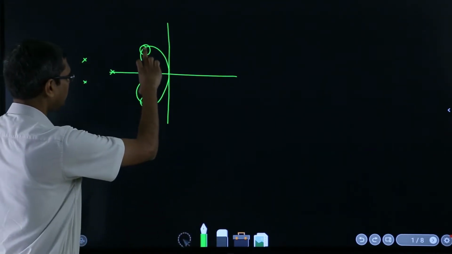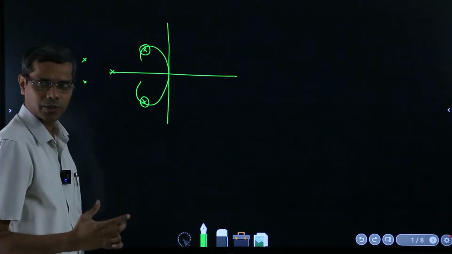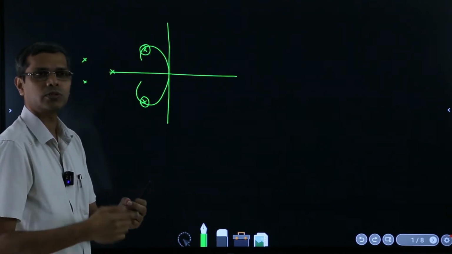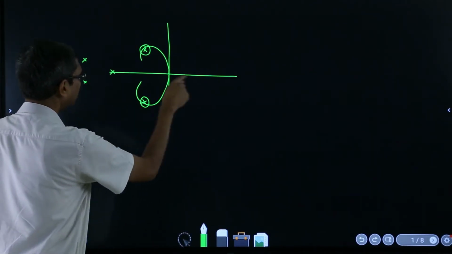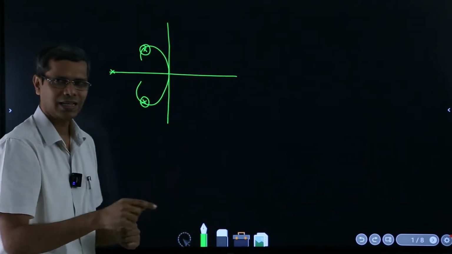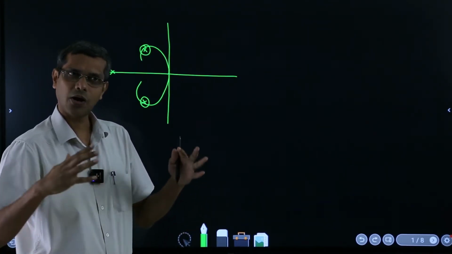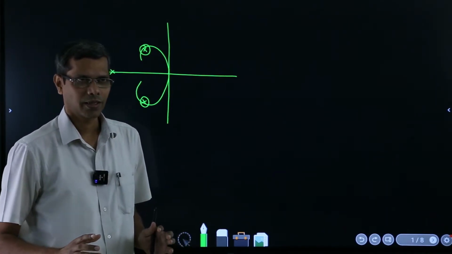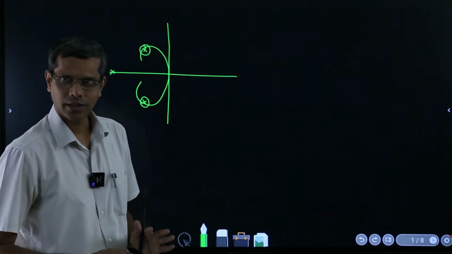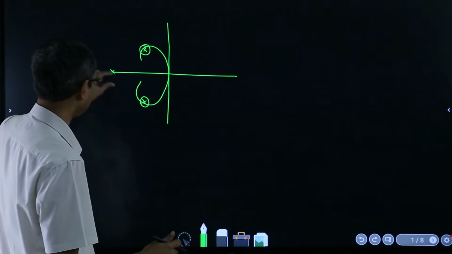Any pair which is a complex pair is one of those second order systems which is part of the whole system, and whatever is lying on the real axis is like a first order system. So they are all together to make your whole system. It's not that this is one system, this is another system.